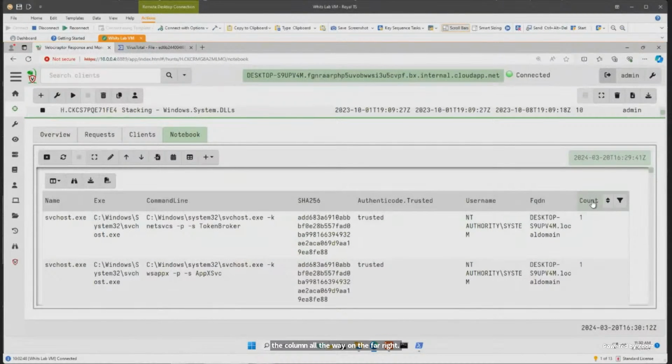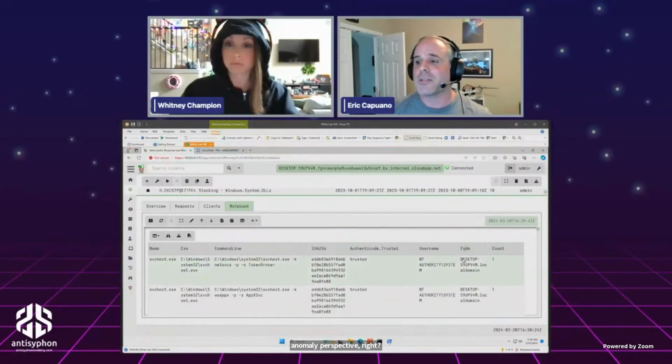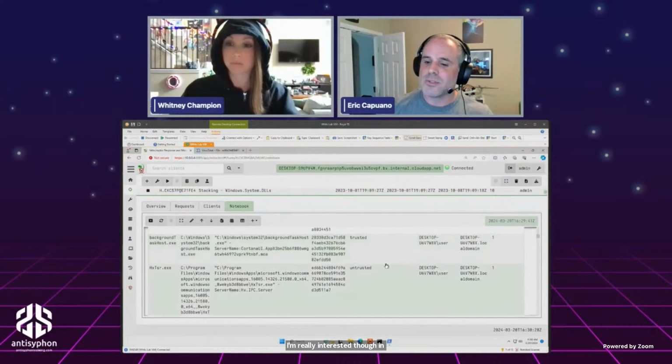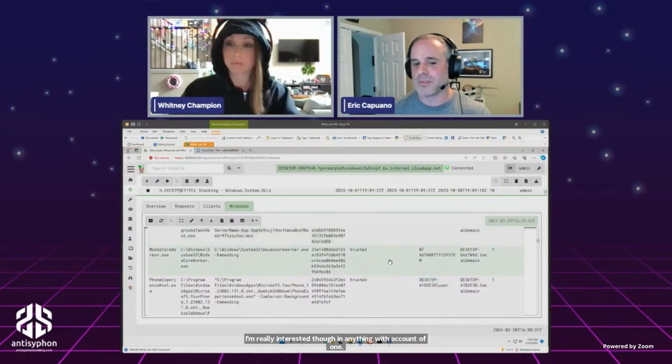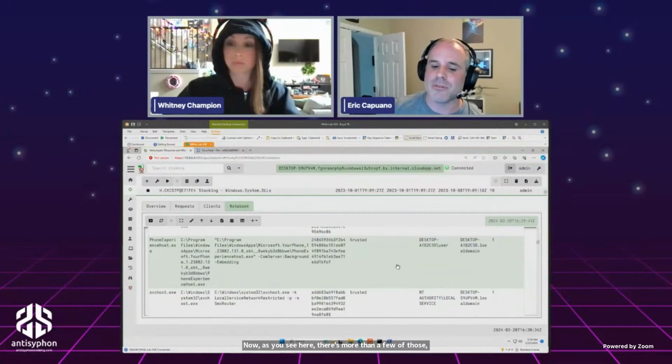If I see a process running 6, 7, 8, 9, 10 times across 10 machines, it's probably not the thing that I'm looking for from an anomaly perspective, or from a least frequency of occurrence perspective. I'm really interested in anything with a count of 1. Now, as you see here, there's more than a few of these entries that only came back with a count of 1.